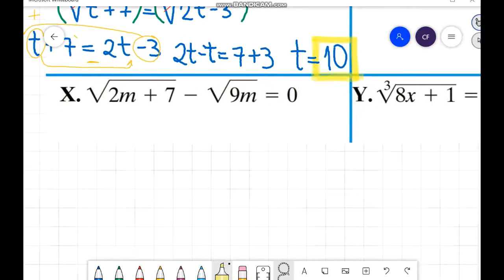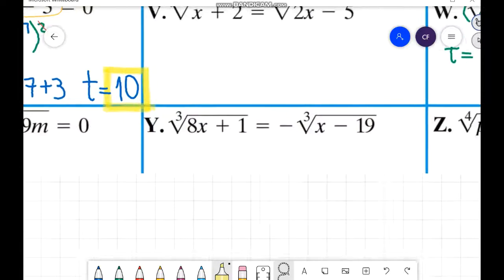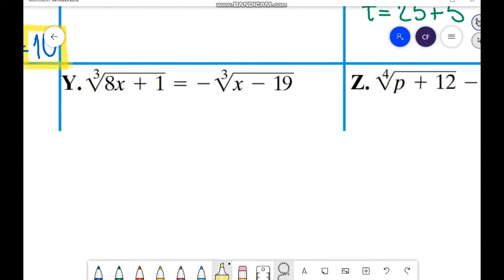For letter X, no, I'm going to skip letter X. Let's work on letter Y. For letter Y, they are kind of isolated. This radical here is isolated, so we apply the cube, and these have a negative in front of it.